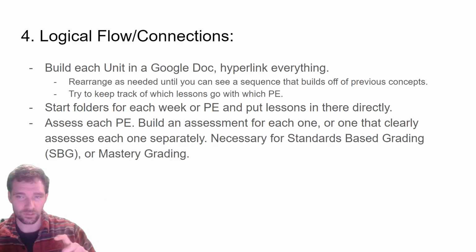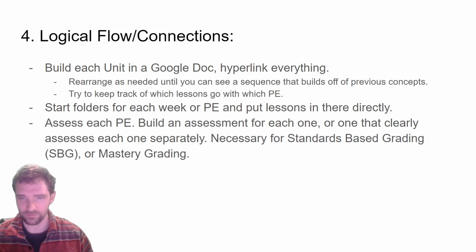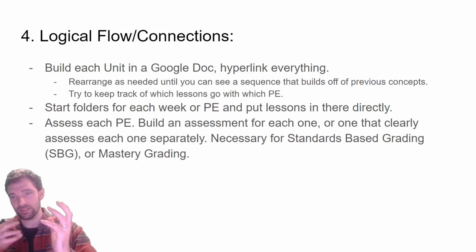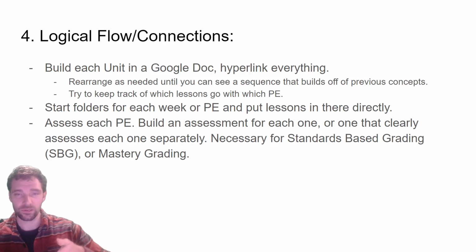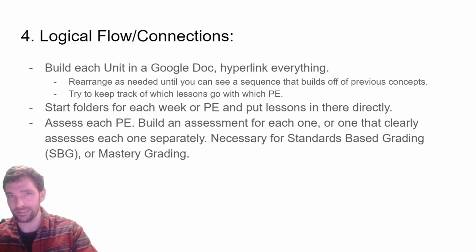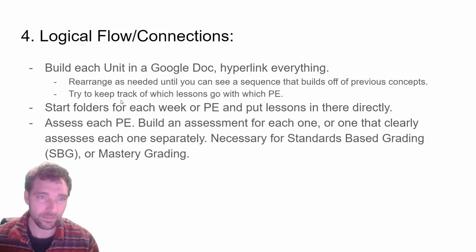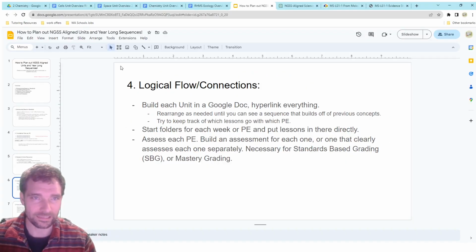And then that allows you to score those things a little bit more clearly, which is a big philosophy in standards-based grading or mastery grading. So if you're trying to have an assessment at the end of a unit of all these different performance expectations, you want to make sure those various skills that were present there are actually being assessed so students can improve on that. So that's the general idea.